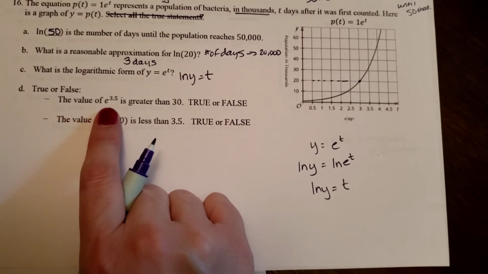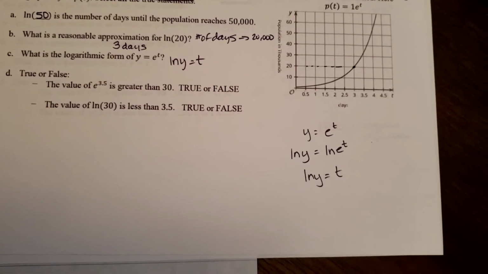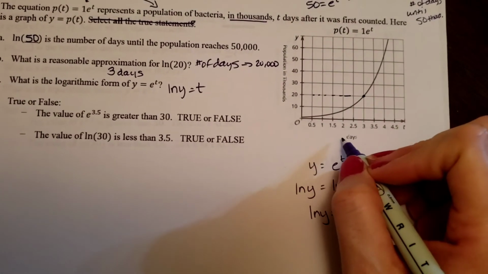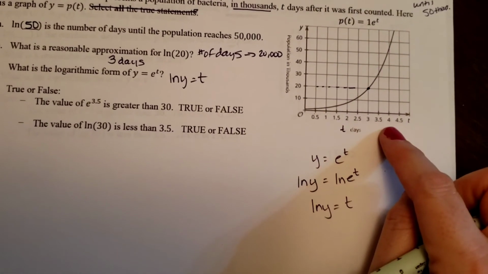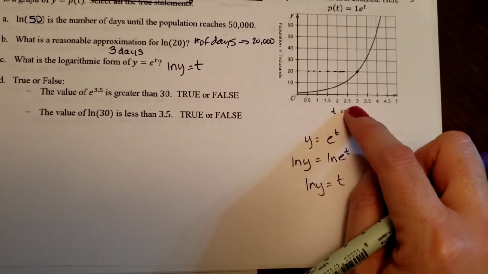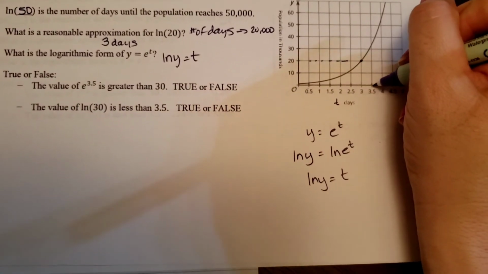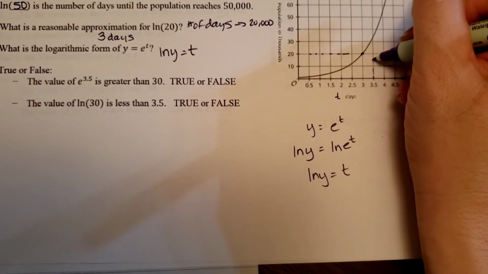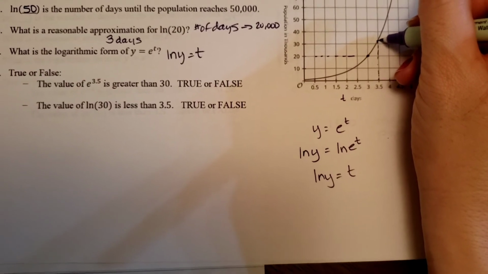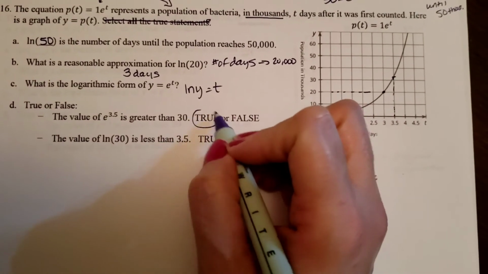The value of e to the 3.5 power is greater than 30. So this number down here is t, so e to this power. e to the 3.5 power, does that come out to greater than 30? It sure does. It ends up right up there between 30 and 40, so that's a true statement.